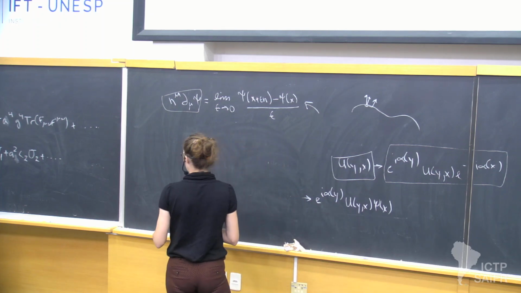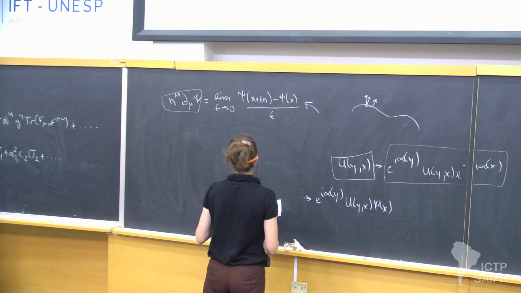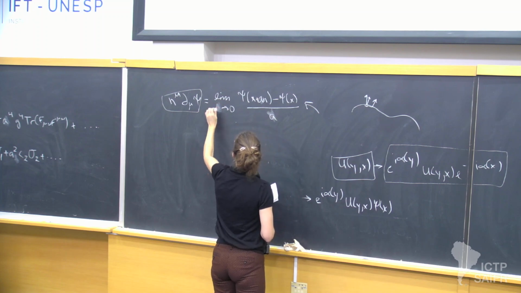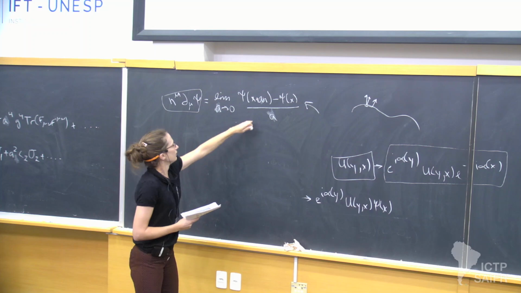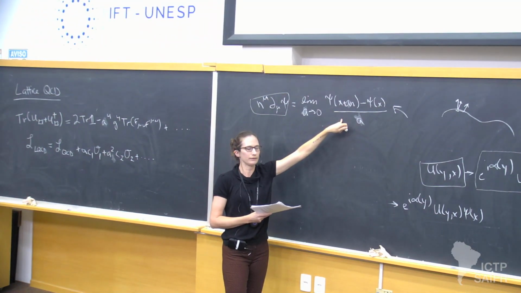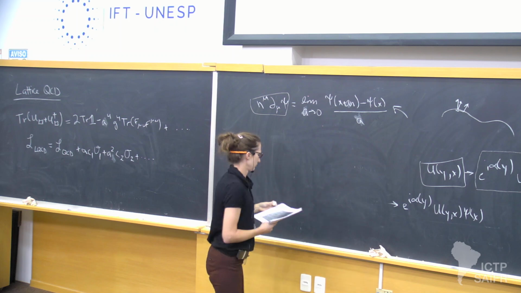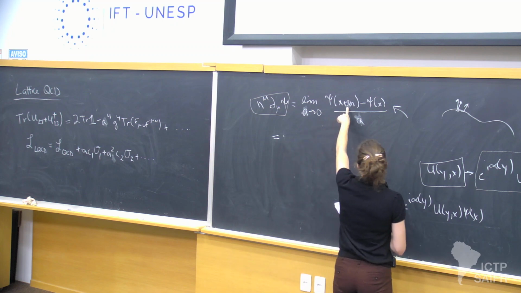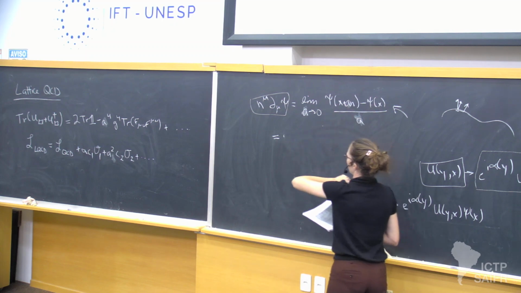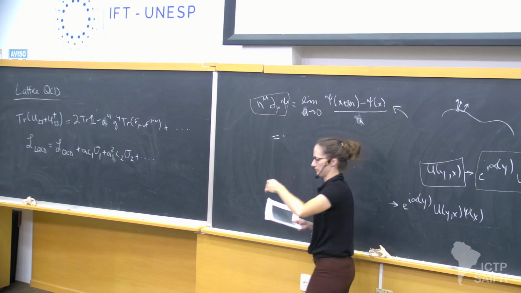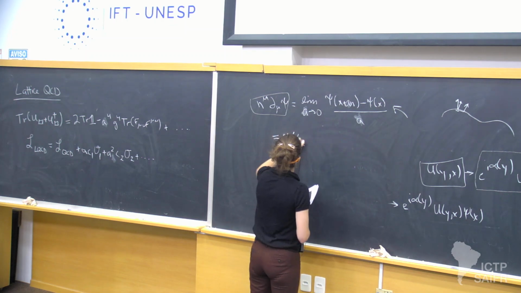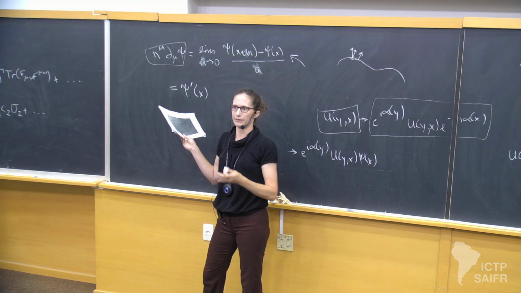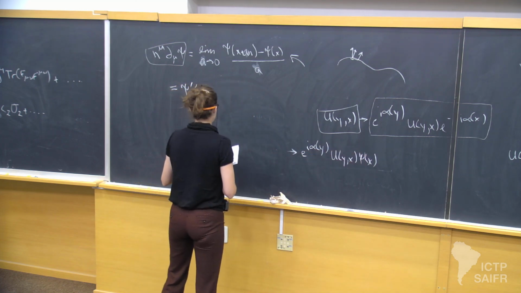So, by choosing adjacent space-time points, I'm going to call this A now. I can Taylor expand this thing for small a, just like I did the U's. And what do I get? So the first term, when A is 0, we just get psi minus psi, which is 0, so that just gives us 0. So the first term is going to be a derivative of psi, which is good. That's the thing we wanted. But there are an infinite number of higher order terms in this Taylor expansion.